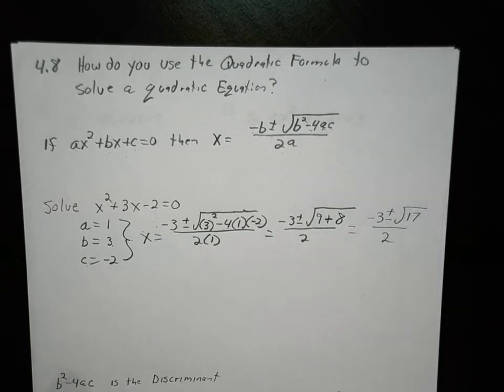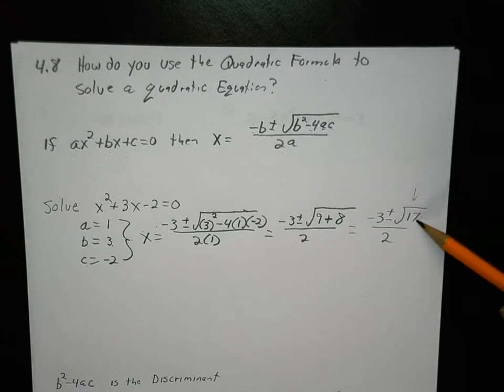Now at this point I want to look and see if I can simplify this square root down. In this case I can't. There's no perfect square that goes into 17. So I'm going to leave my answer just like this. That's how we want to leave our answers in this section.